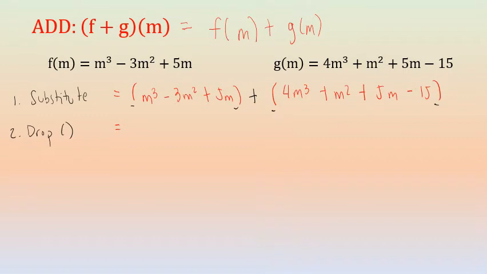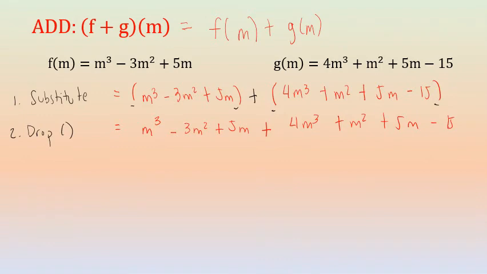Treat it as a simple method. So, m cubed minus 3m squared plus 5m. Then, copy the sign. Plus 4m cubed plus m squared plus 5m minus 15.